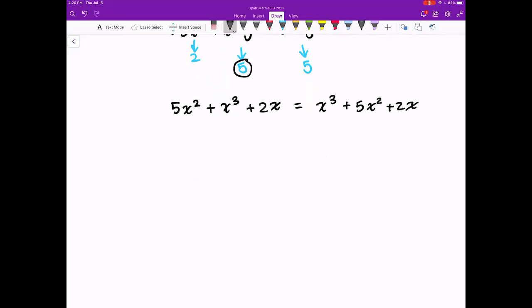Okay, so based on this degree of a polynomial, we can also get another definition called the leading coefficient. The leading coefficient of a polynomial is just the coefficient of the highest degree term.